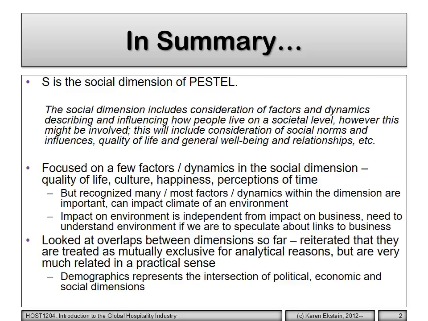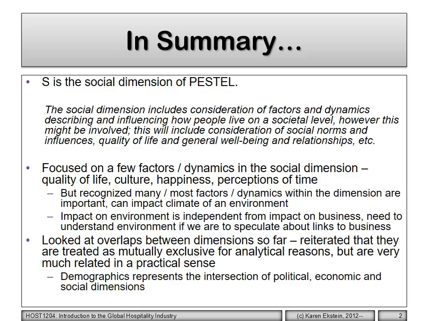We focused on a few factors and dynamics within the social dimension, specifically quality of life, culture, happiness, perceptions of time. We recognize that these are but a few of the items on the list, and we also recognize that all of them are important and can impact the climate of a particular environment.